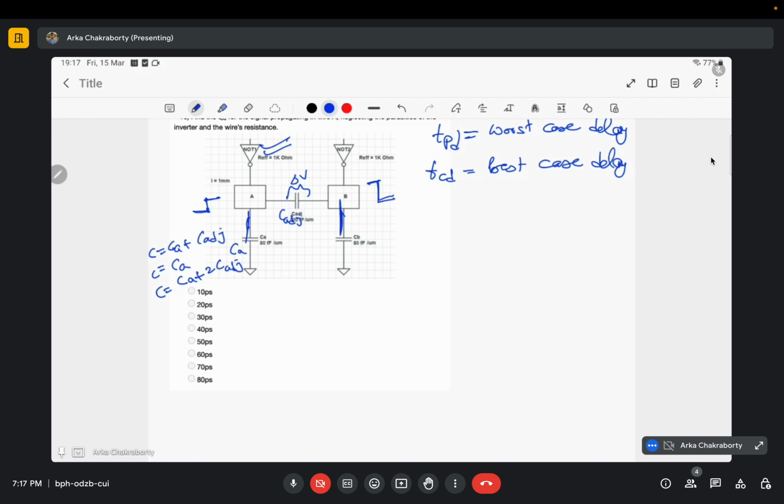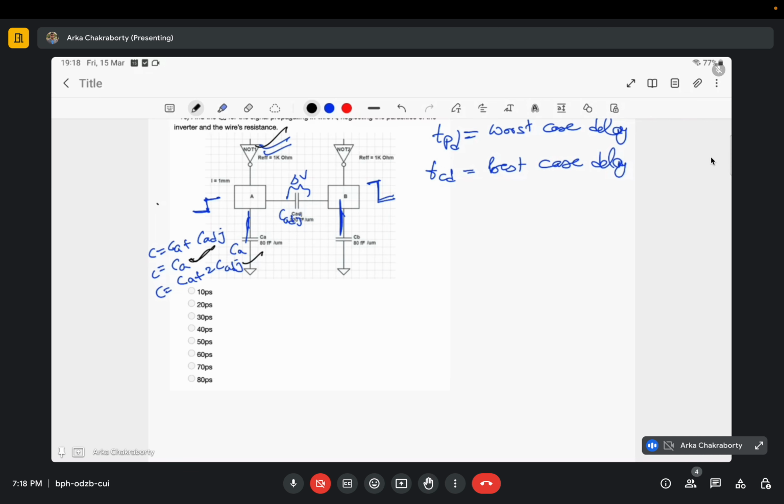In the earlier condition, the driver circuit needs to charge the least amount of capacitance, so it will give me the best case, the smallest amount of delay. So this leads to my contamination delay. And as this is the highest amount of capacitance, the delay in charging it would be the highest.